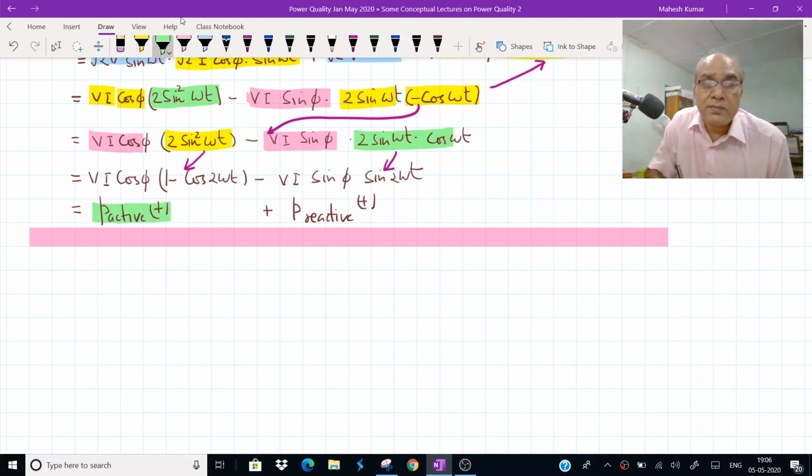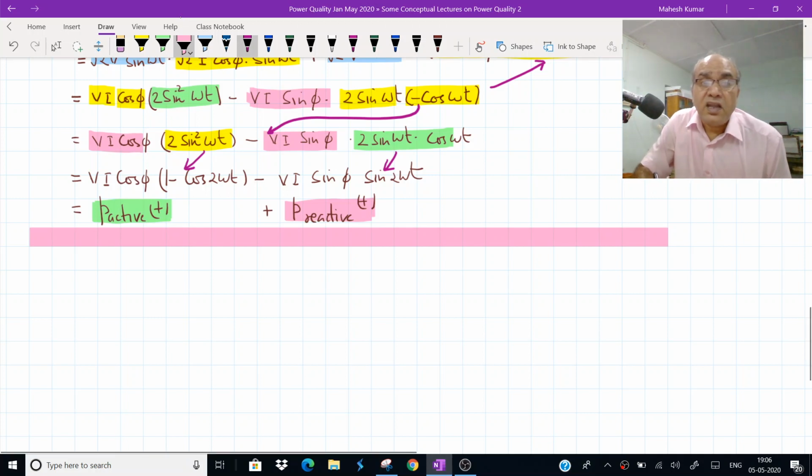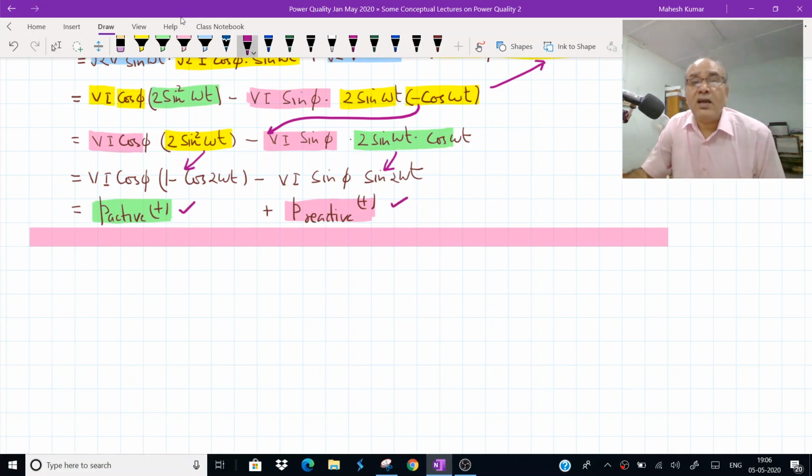Now you know why we have called this P active. And why have we called the second one P reactive? Because it has come from the reactive component of current, the phase quadrature component of the current. This has come from the in-phase component of the current. So that's how they call P active and P reactive.